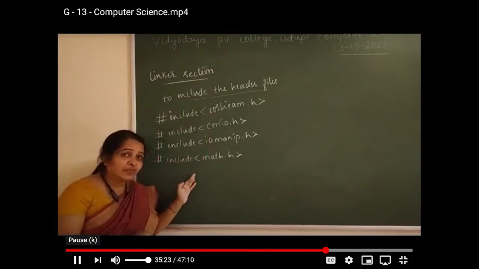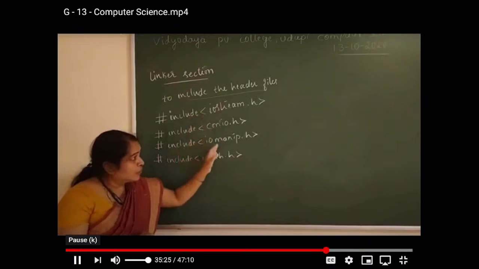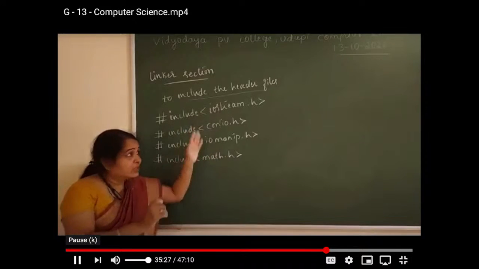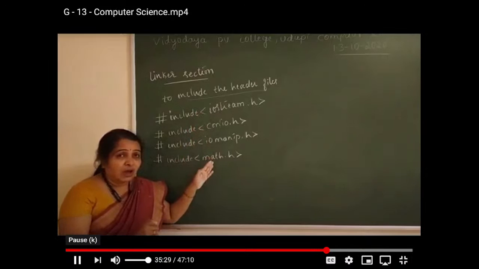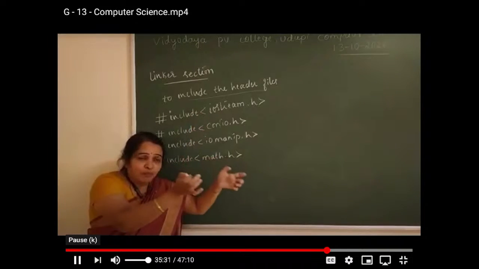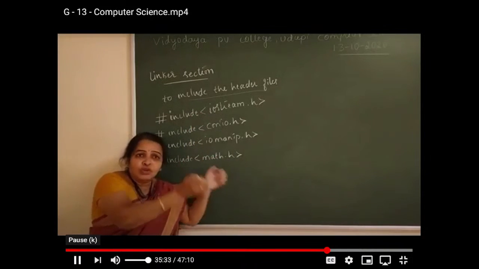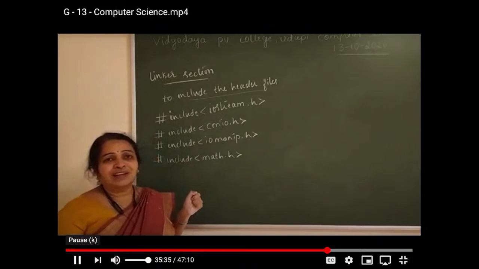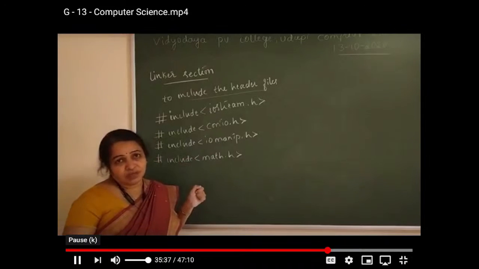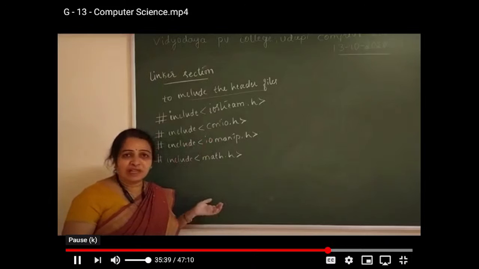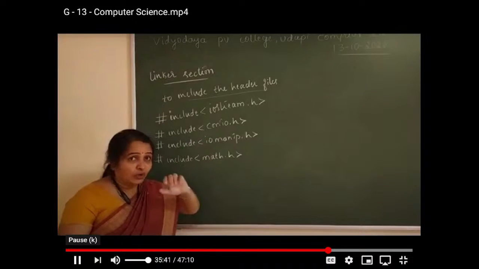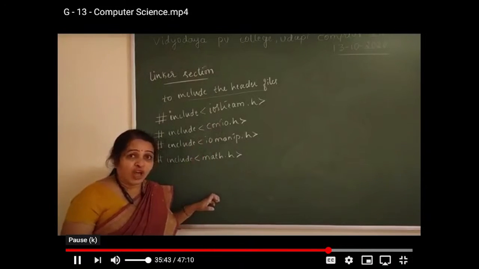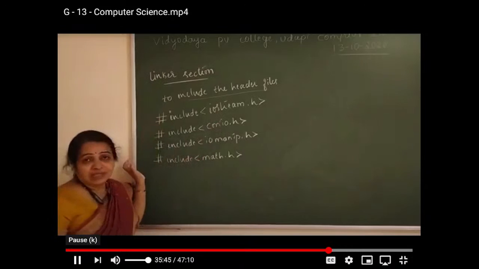Because if you do not write this, these header files will not be brought to your program from the standard library of C++. They will be present in the C++ library, but to use those header files in your program, you have to write this statement.